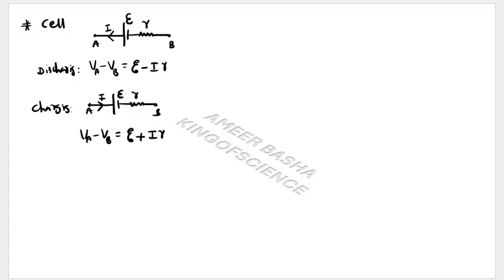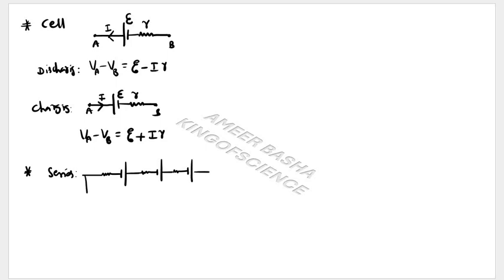Again, there is an important concept: cells connected in series and cells connected in parallel. When the cells are connected in series, one cell will be something like this, another cell is something like this.